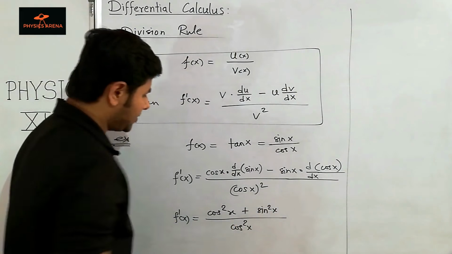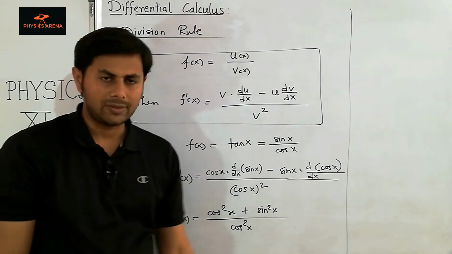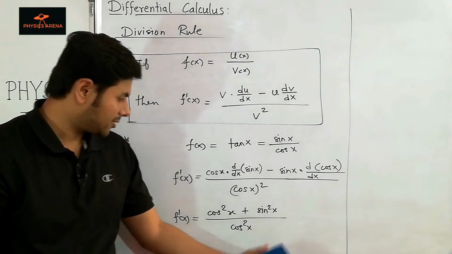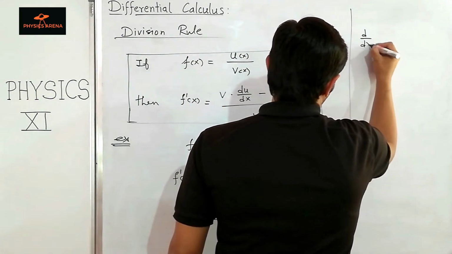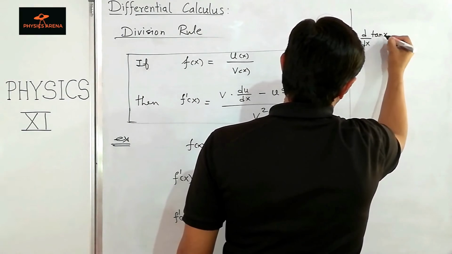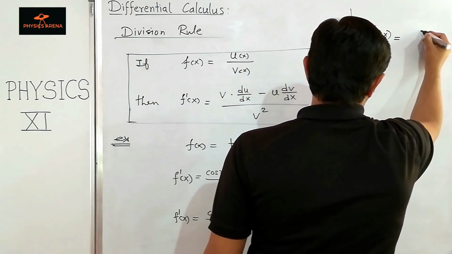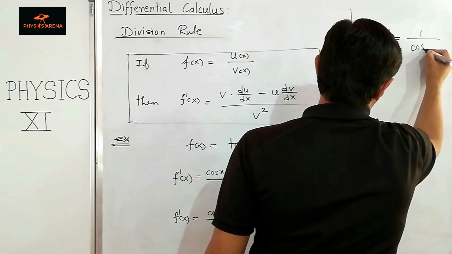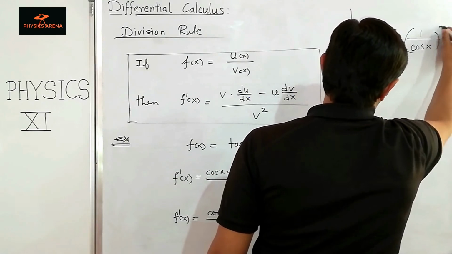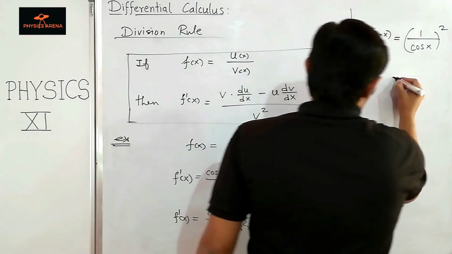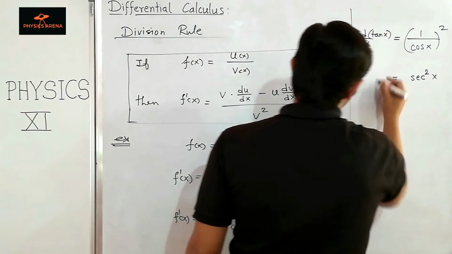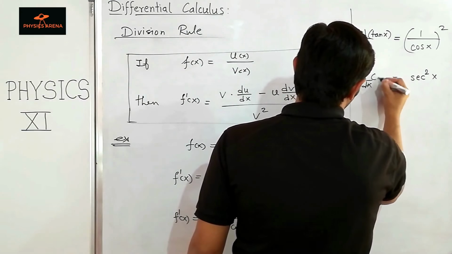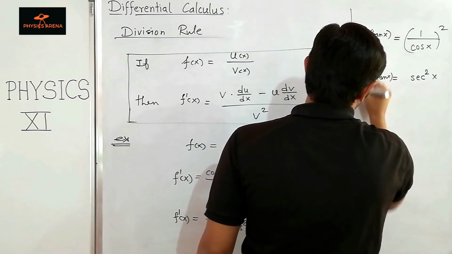And sin square x plus cosine square x is just 1, so it is 1 over cosine square x. So I can write d by dx of tan x is 1 over cos x squared, or it is sec square x.